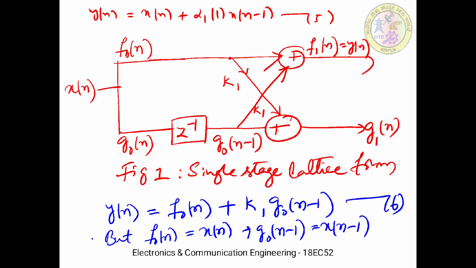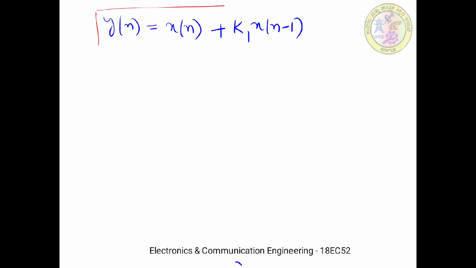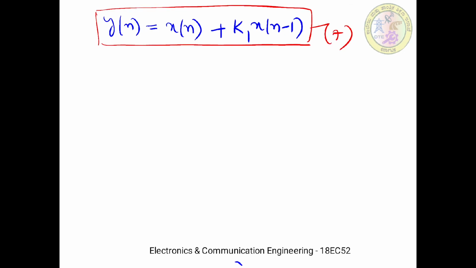Therefore, substituting these two conditions, f naught of n is equal to x of n and g naught of n minus 1 is equal to x of n minus 1, we are able to write the output y of n for the first order filter as x of n plus k1 times x of n minus 1. This is one important relation, which we have written on the basis of our lattice structure. Call this equation 7.